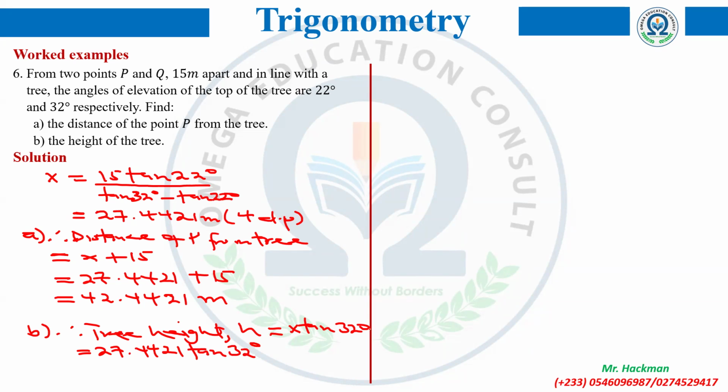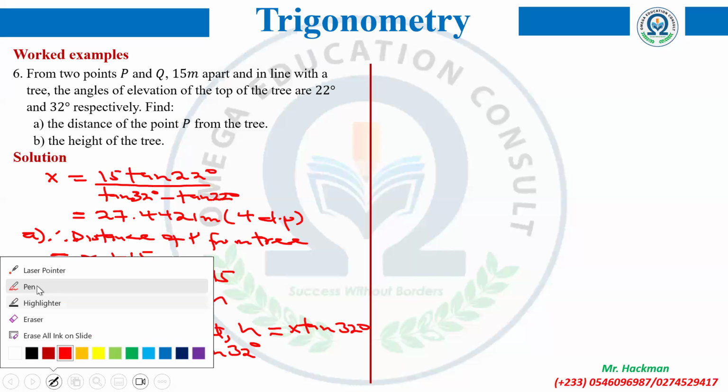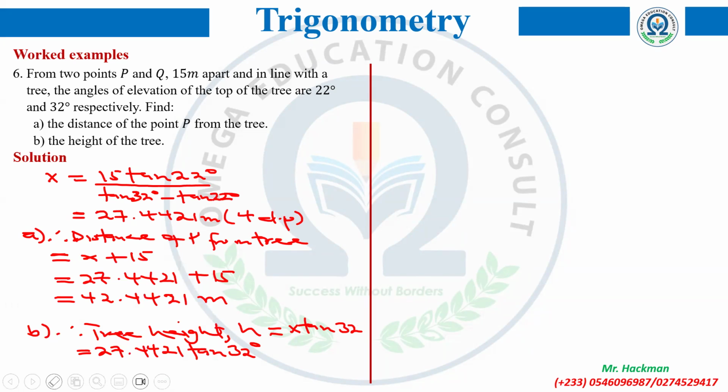My degrees is looking like a value 320, so let me go and correct that. Whatever you write possibly can change your meaning, so let me indicate it well. So I'm waiting for your final answer. 17.1477. Come again? 17.1477.